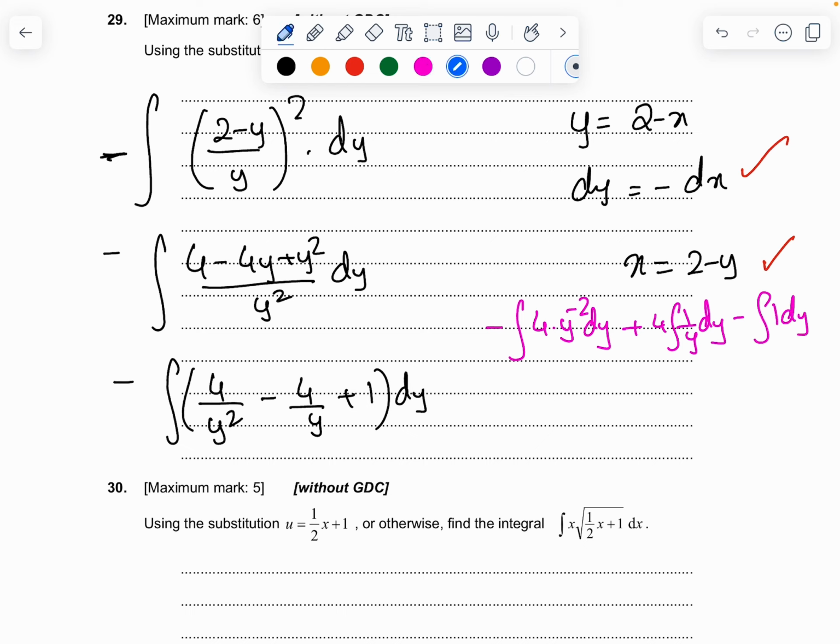So what should be the answer? Minus 4y to the power of minus 1 upon minus 1, plus 4 ln y minus y plus c. So it becomes 4 upon y, which is 4 upon 2 minus x, plus 4 ln of 2 minus x, minus 2 minus x, plus c.